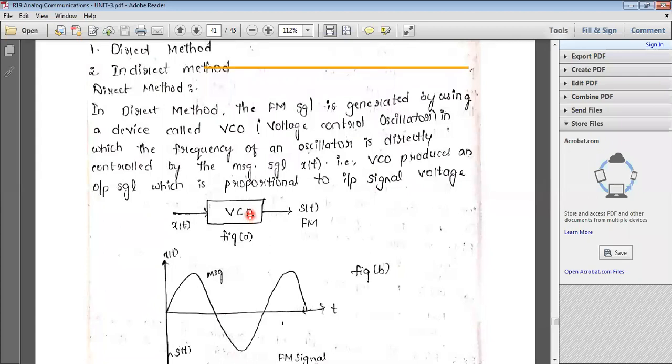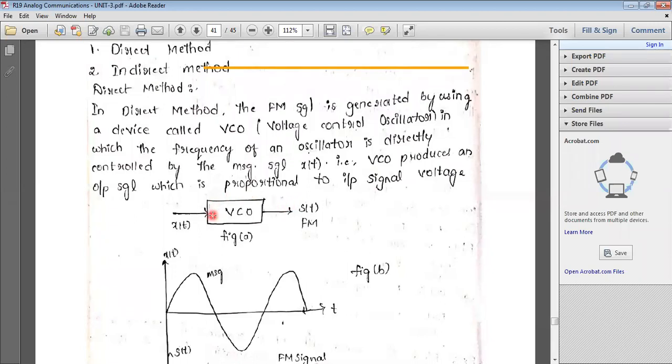By changing the values of that inductor and capacitor, we change the generated signal's frequency. How do we change the inductor and capacitor values? According to the amplitude of this message signal. According to the amplitude of the message signal, we can change the inductor and capacitor values of the tank circuit. By changing those reactance parameter values, automatically we change the generated signal frequency.